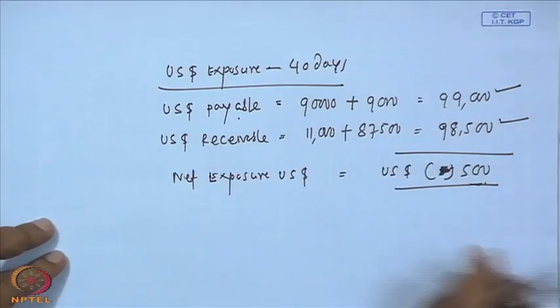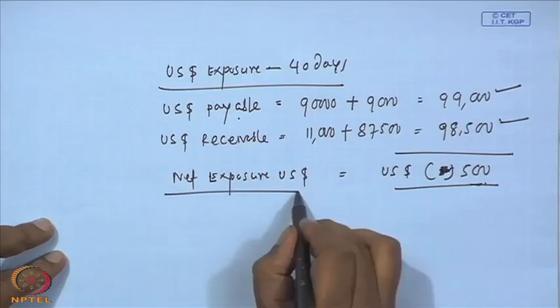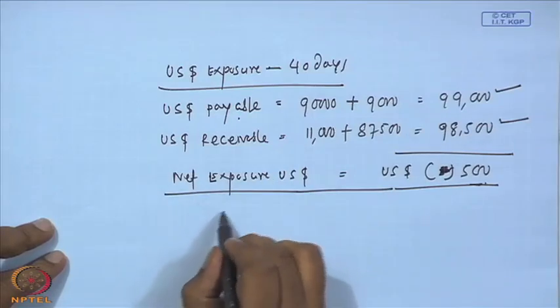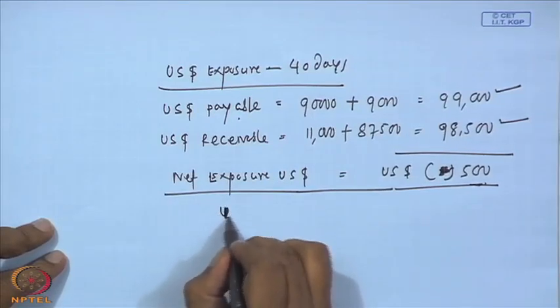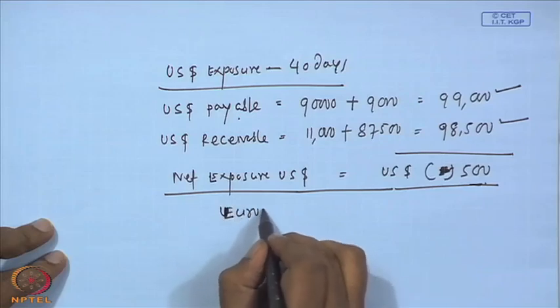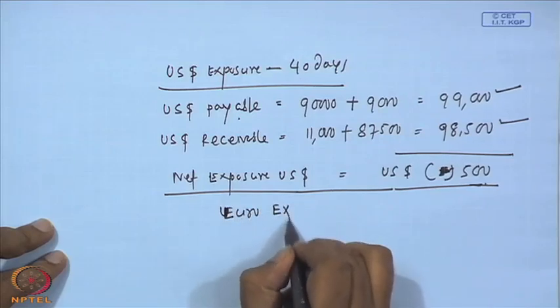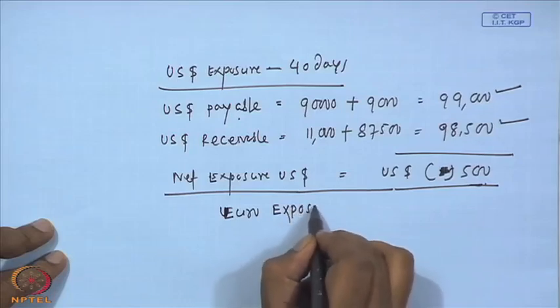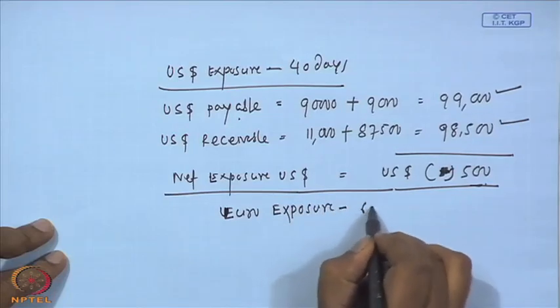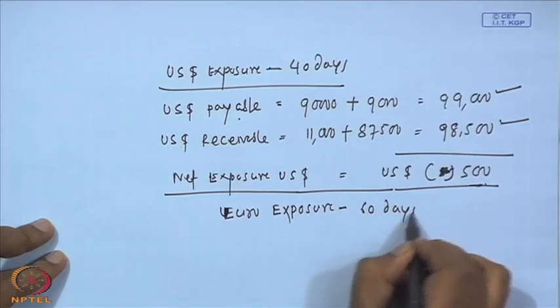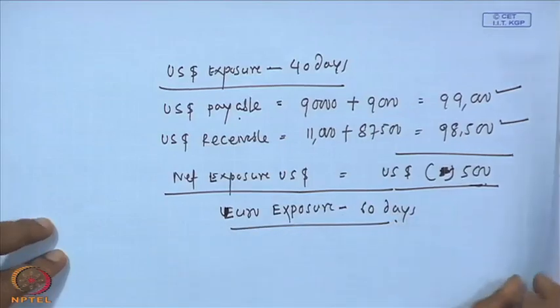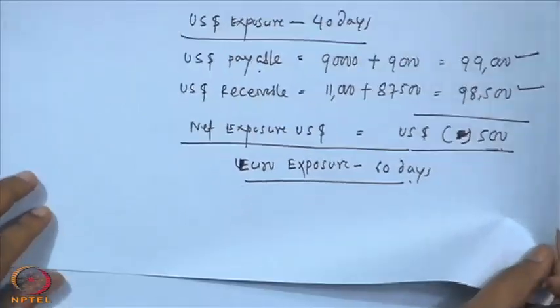So, there is a requirement of arranging 500 US dollar. Similarly, if you do the same thing for the euro side, you net the euro exposure in 60 days. What you have to do here is the same thing: identify the euro exposure.